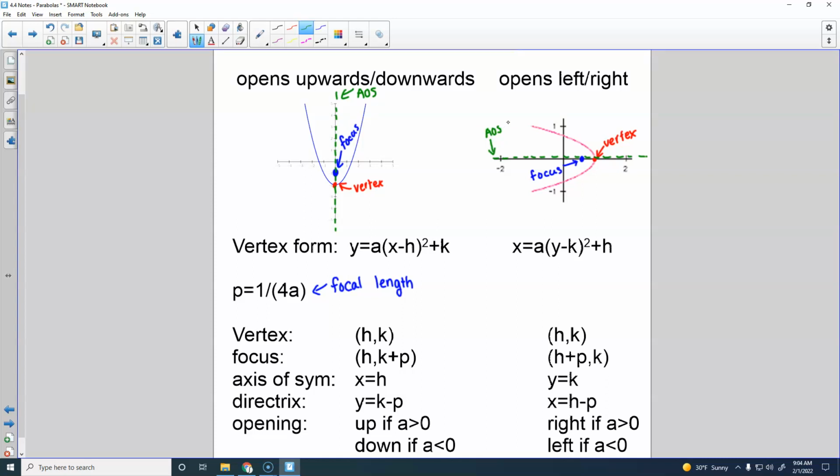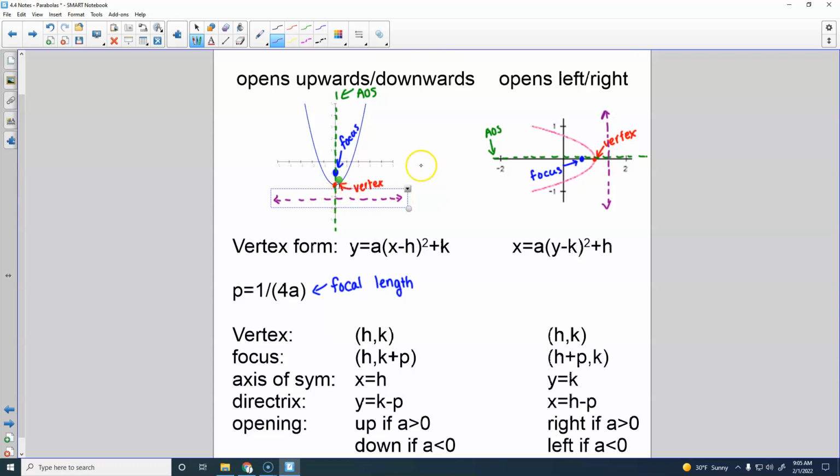One of the last things we need to know is the directrix. And the directrix is this line that's outside of the parabola. I'm going to show you what in the world that line is here in a second.